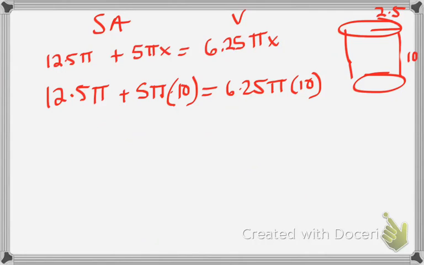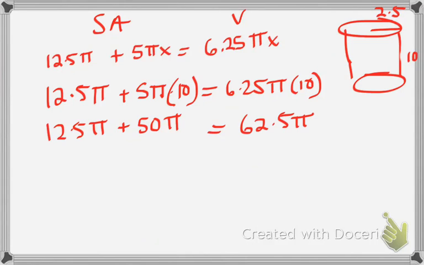So this simplifies to 50 pi, which equals 62 5/10 pi. And now I can add these up, and this makes 62 and 5/10 pi. And I can leave my answer in terms of pi. 62 and 5/10 pi. You can see they're both equal.